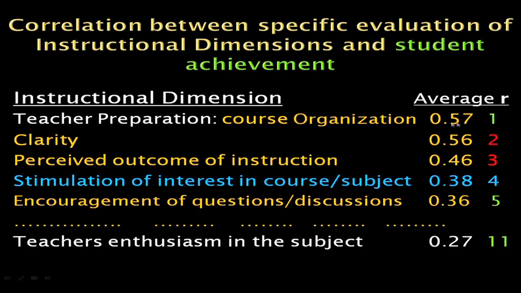Rank number 1 is course organization. Students get higher marks or higher grades if the course is organized, if clarity in the teaching is very high, if the perceived outcome of the instruction is well defined, if stimulation of interest is there, enthusiasm, and encouragement of question and discussion is there.